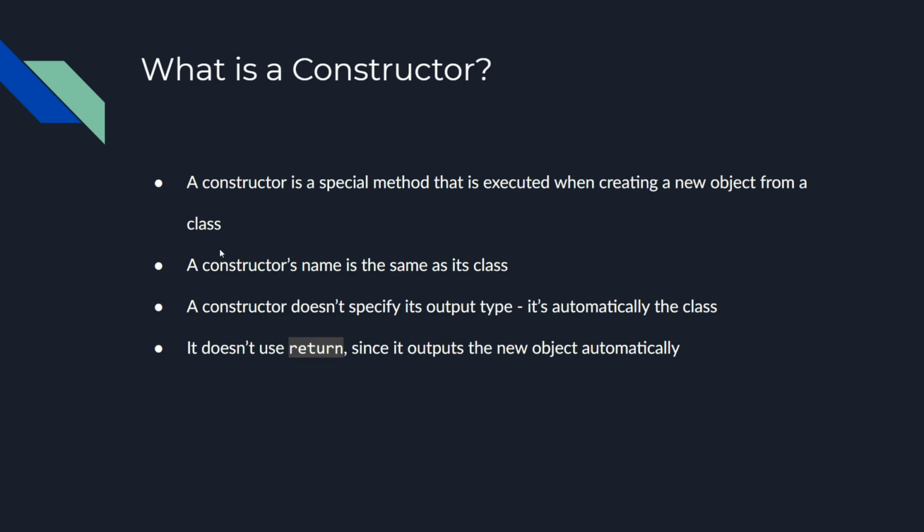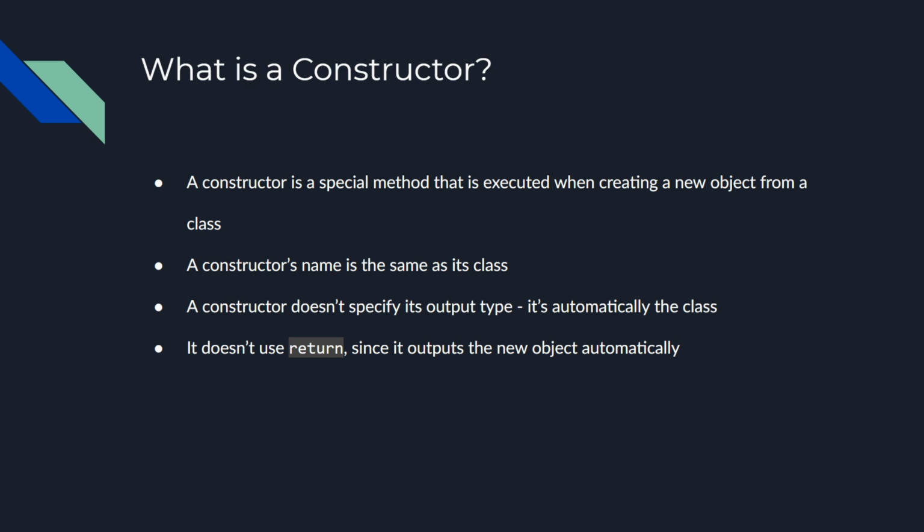The constructor's name is the same name as its class. So for the car class, the constructor, the special method, is also going to be called car. And the constructor doesn't specify its output type. Remember when we defined other functions, we had to specify void or int or string or whatever.